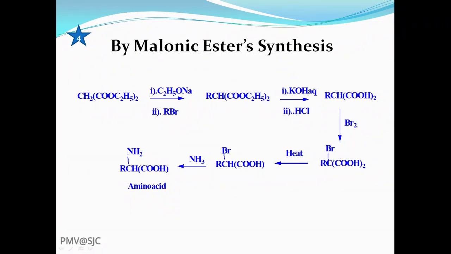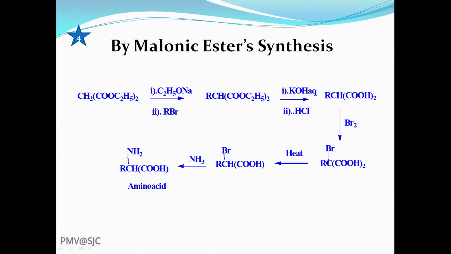There are certain limitations involved in malonic ester synthesis, where initially we start with malonic acid and the groups are protected by converting them into an ester, and then deprotection takes place.